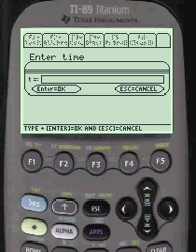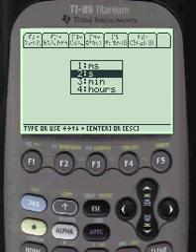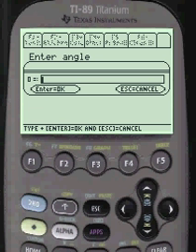So for time, we're going to choose alpha 2.5 seconds. And we're going to enter the angle, which is 36.9 given.